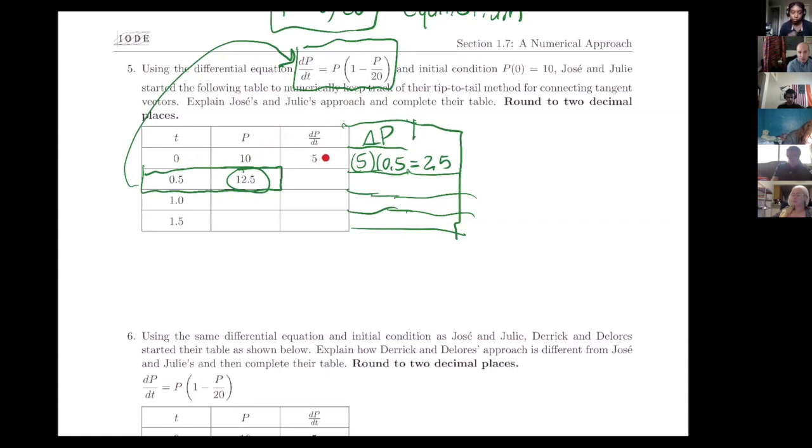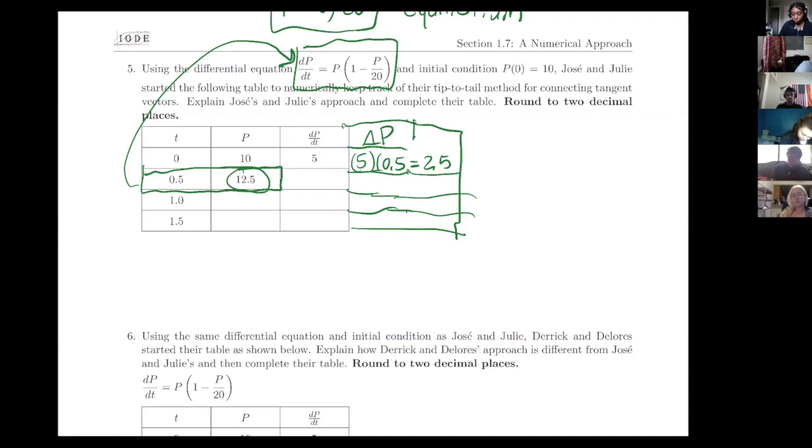Then we look at the change in t, which is 0.5, and that allows us to scale up or down what the change in p is going to be. It might be helpful to make an additional column over here, or maybe just do it in your head, to keep track of the scaling of the change up or down. Then we add that change to the 10 and we get 12.5.